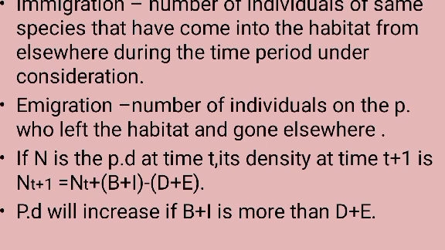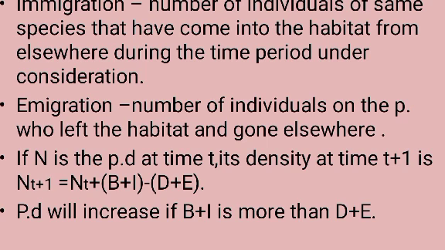So what is N(t+1)? It is the population density at time t plus 1. That is equal to N(t), the population density at time t, plus B plus I, where B is birth rate or natality and I is immigration, minus D plus E, where D is death rate or mortality and E is emigration.